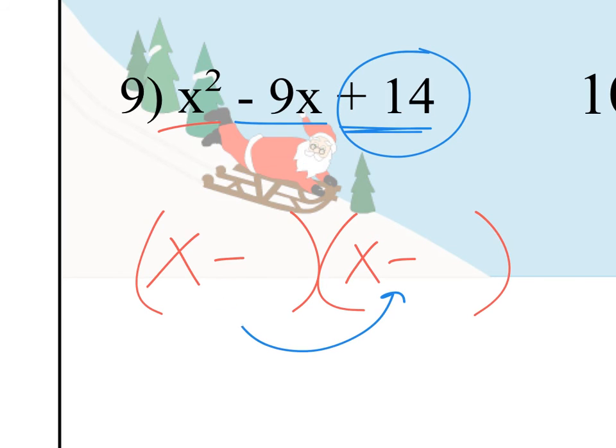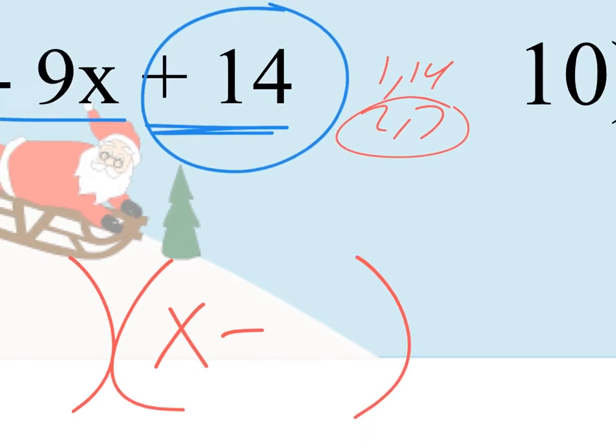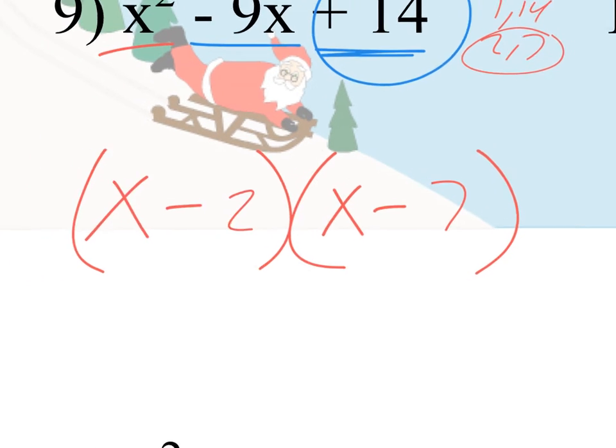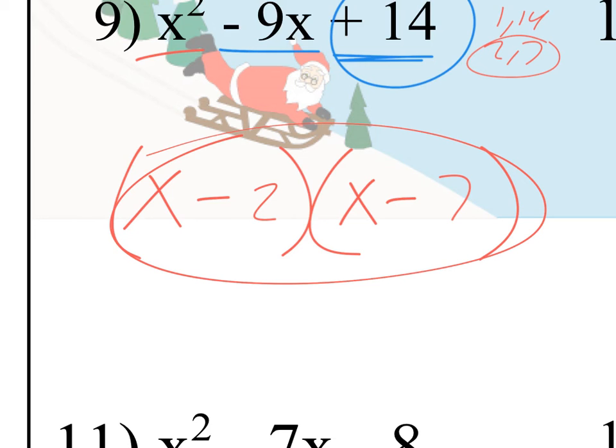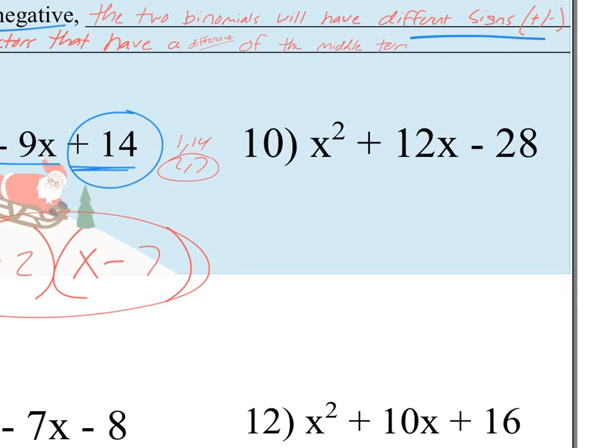And then when I start thinking of factors of 14 that'll work for me, again, list them out. Some numbers are easier than others, but 1 and 14, 2 and 7, oh, that's it, 2 and 7. Again, even on some of the ones that don't have as many factors, you will find that's a big help. List out the factors and then try to analyze and figure out which set it should be. Okay, x minus 2, x minus 7 for that first one.